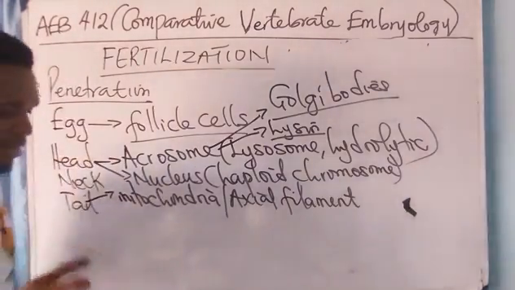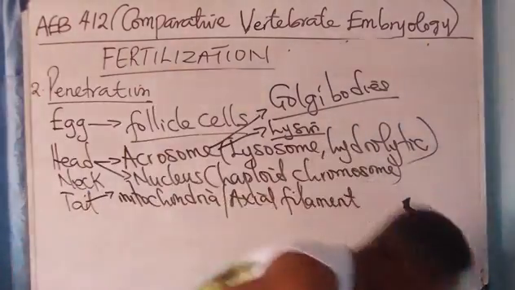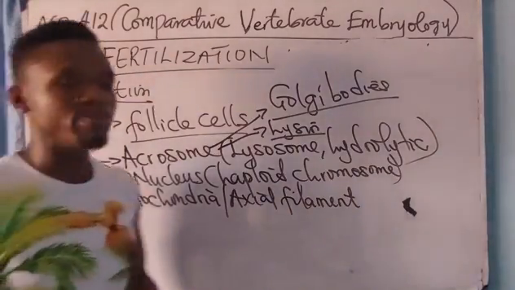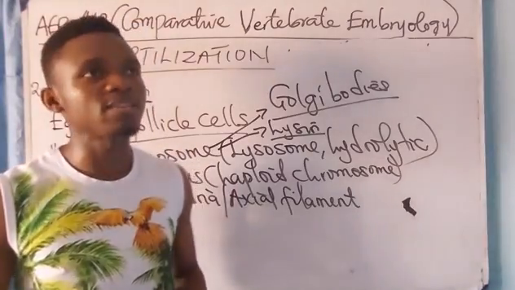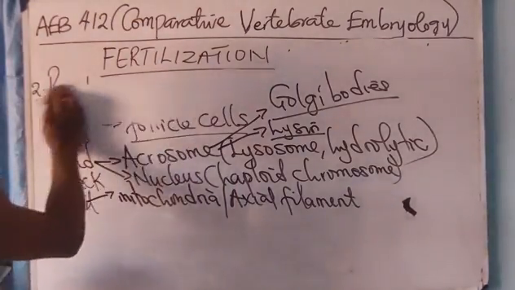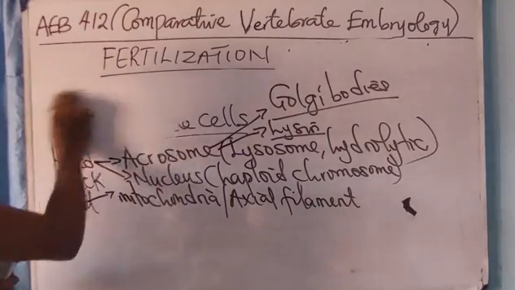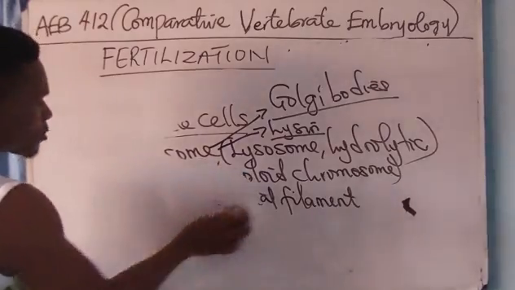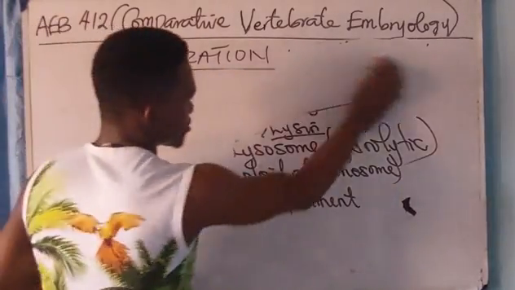Animals like mammals, their eggs are not easily penetrated, which means that they have complicated structures. Now, I told us in the initial class that the most complicated type of egg envelope is found in birds.